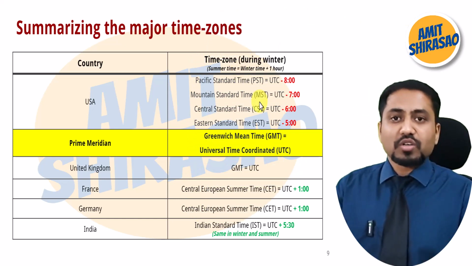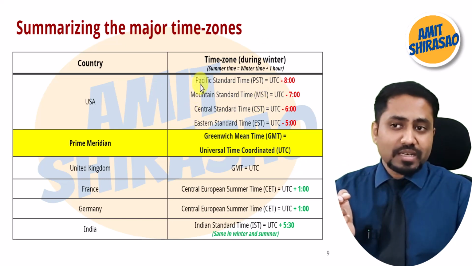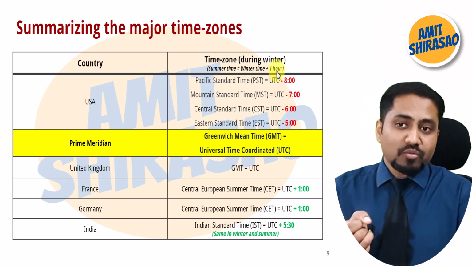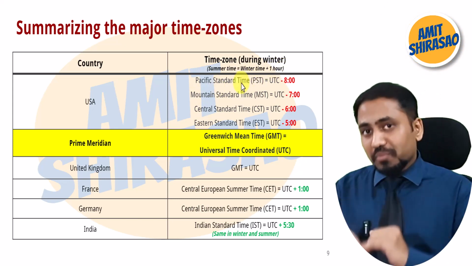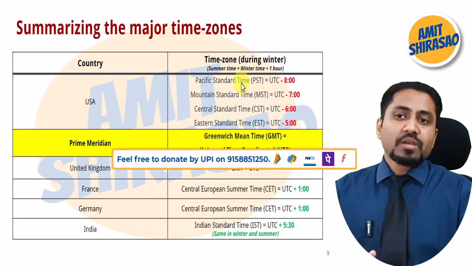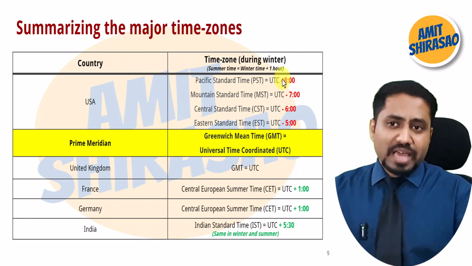Okay, so if you want to know what time, let us say, San Francisco follows during the summer, then just add 1 hour to this time. Normally during the winter it follows PST, that is Pacific Standard Time, which is UTC -8. But during the summer, just add 1 hour to it.